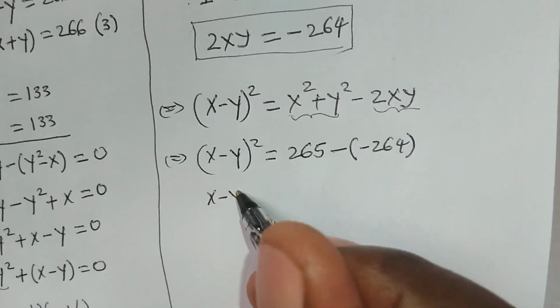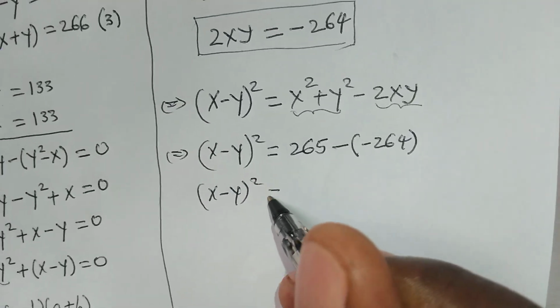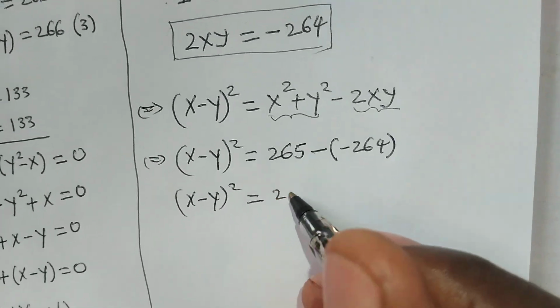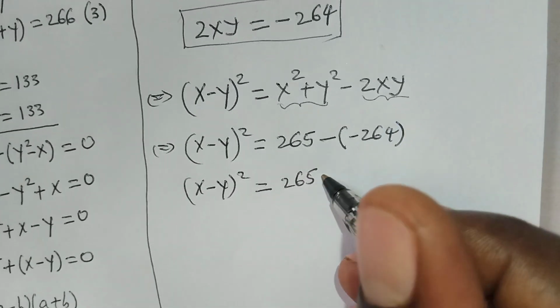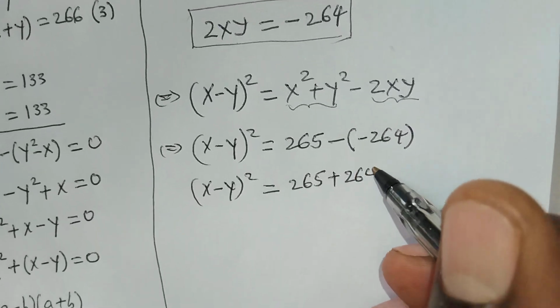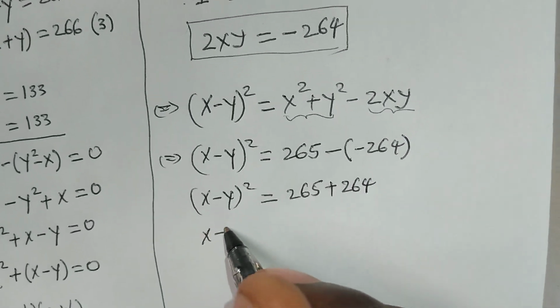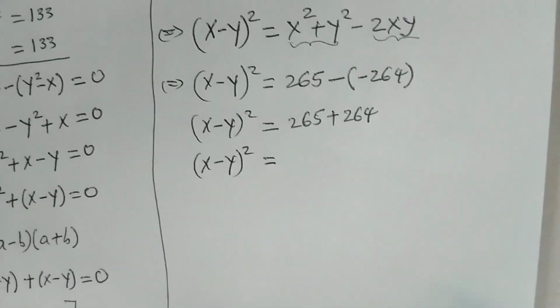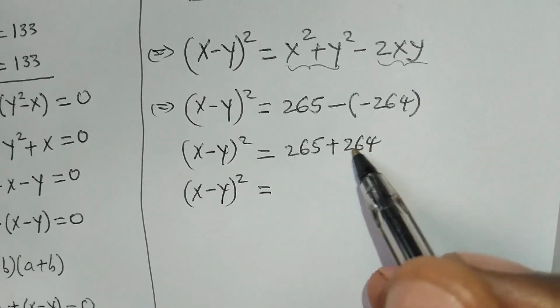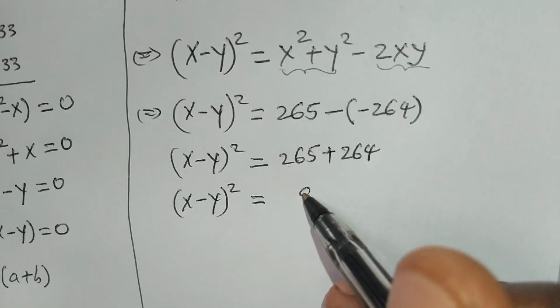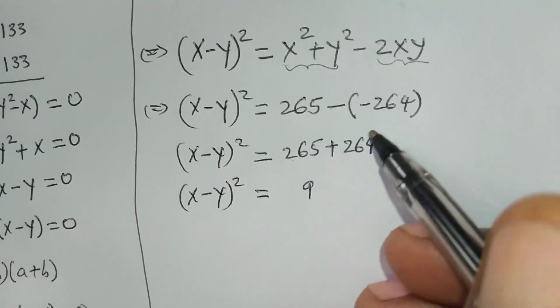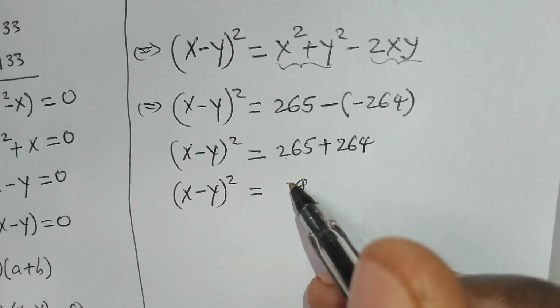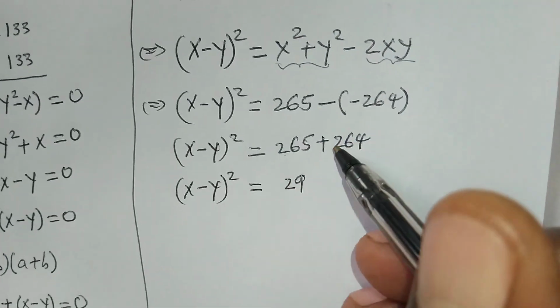So x minus y square is equal to 265 plus 264, which is equal to 529.